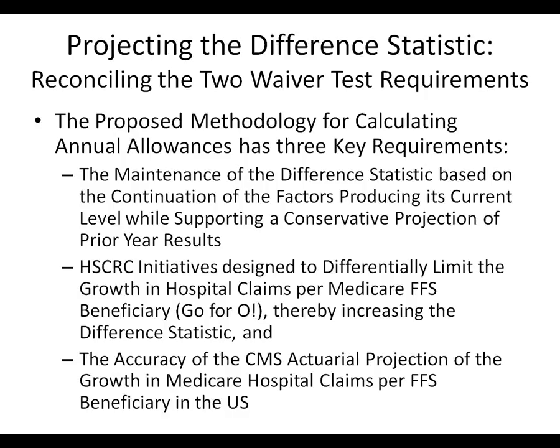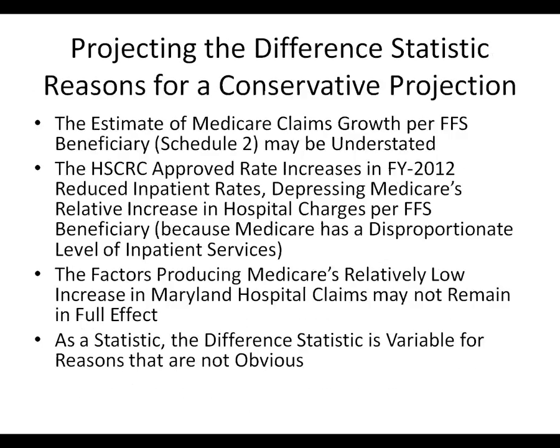Those are introduced in this discussion with the understanding that we will need to update them as they become available, and we need to take a conservative view of the accuracy of those projections, because they will be crucial in our establishing an annual allowance that will meet the Medicare savings target requirements. So next page, please.